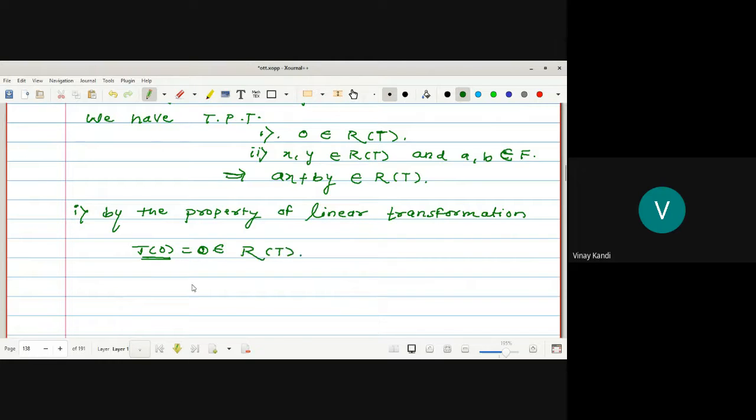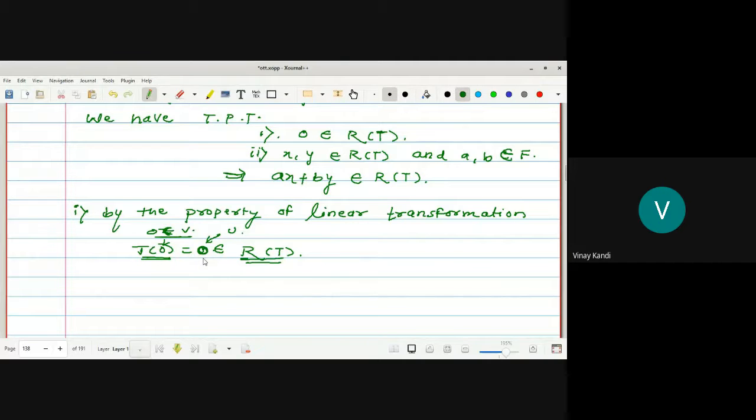So what is in your range space of T? Suppose this 0 belongs to V. The image of the 0 element is what? 0. Where will this 0 belong? U. This 0 belongs to U, the codomain. So here we get the image of 0, that is T of 0 is equal to 0.